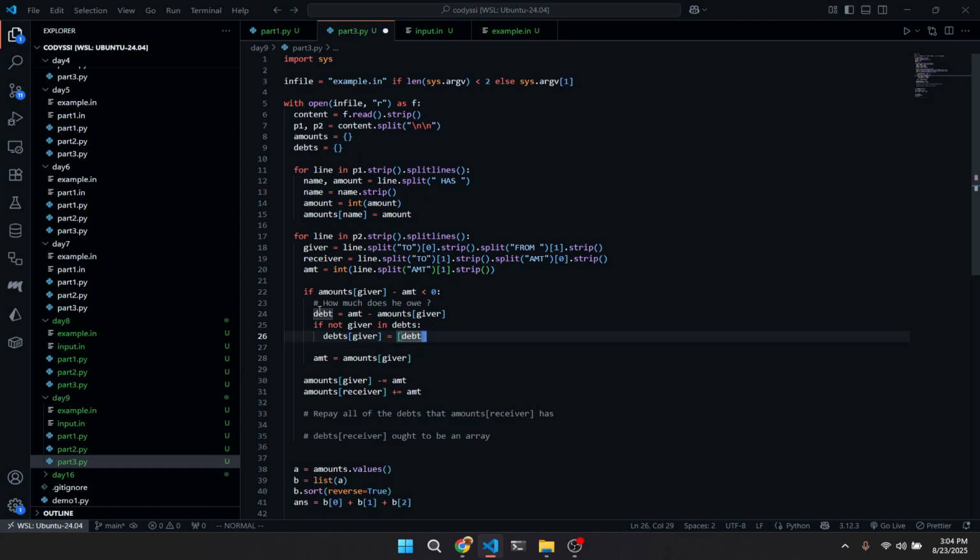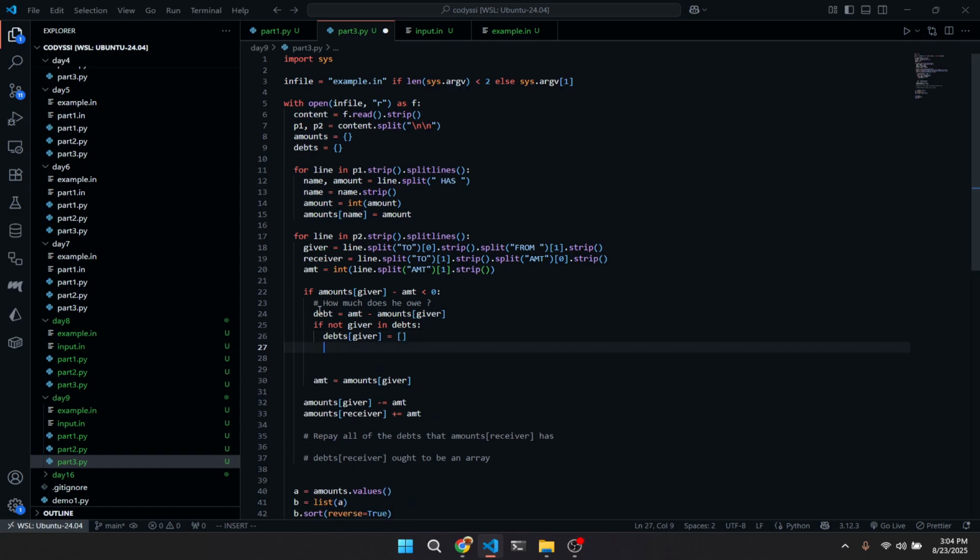So he has a debt, but he has a debt to the receiver, right? So if he was never there, then you can say that and then add his debt.